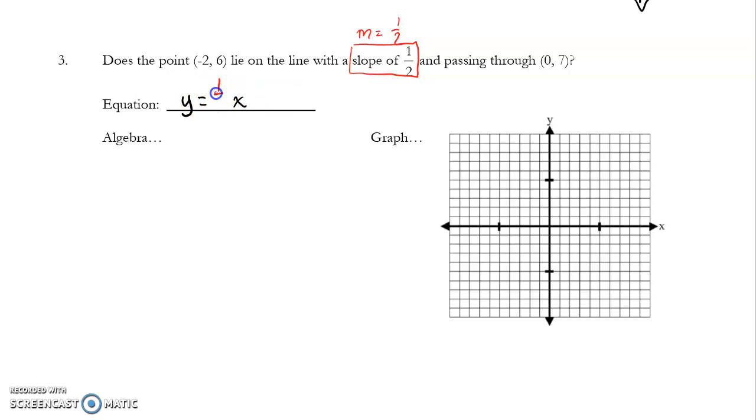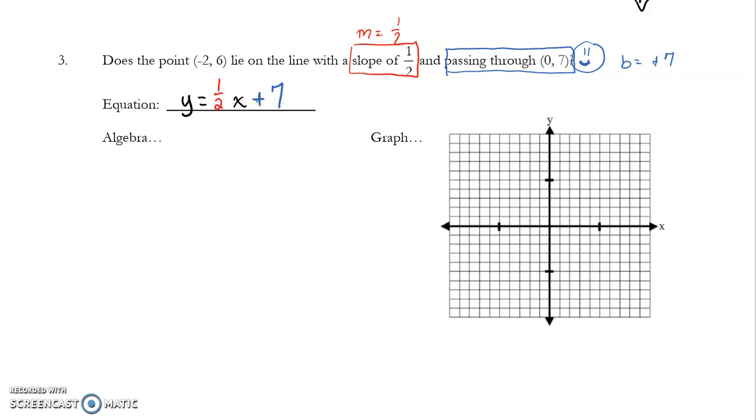We have y equals 1/2 x. The nice thing is, when I tell you it passes through this point, remember these were the ones that made us happy. Because my x is 0, that means this is my y-intercept. My y-intercept is at a positive 7. I can make this 1/2 x plus 7.